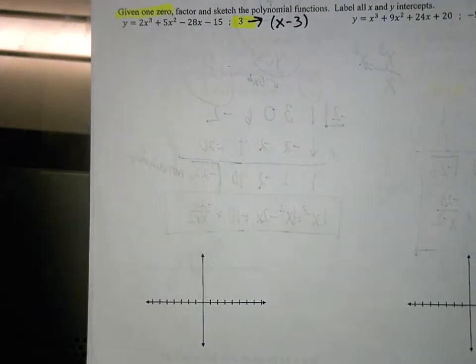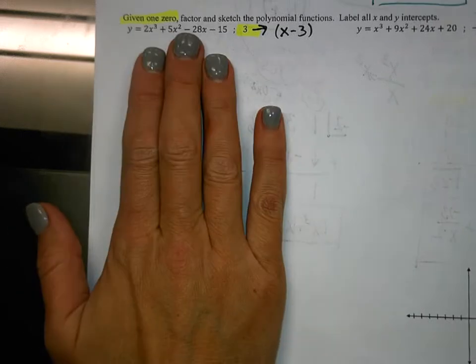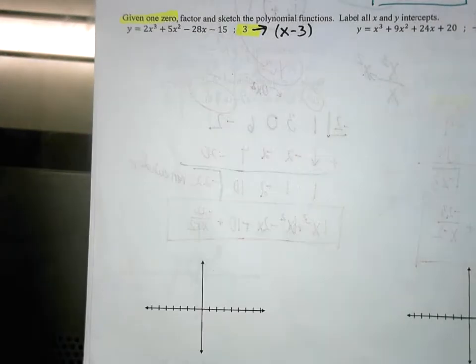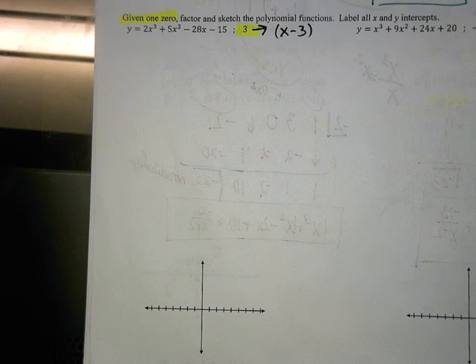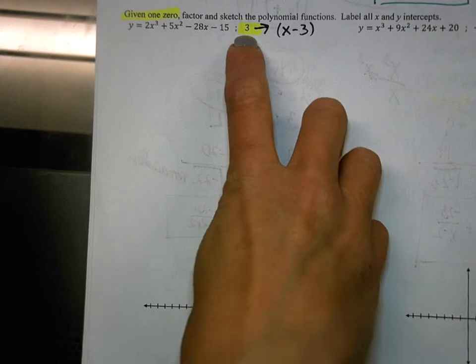Because if that's going to be a 0 on our x-axis in factored form, that would actually be x minus 3, because you would set it equal to 0 and you get the positive 3, correct? Now, we are going to use synthetic division to continue to factor this. We can use it because they told me one of the zeros is 3.